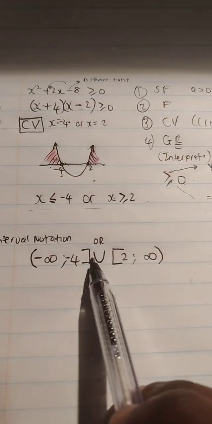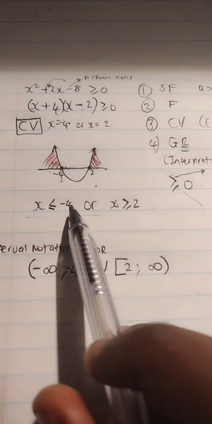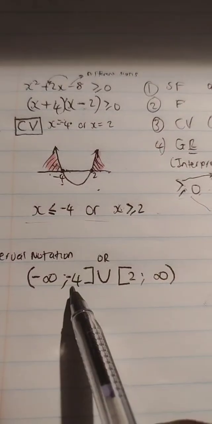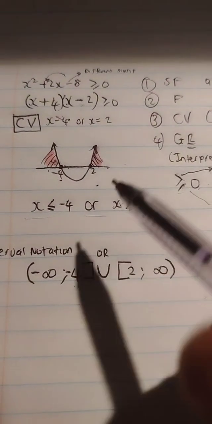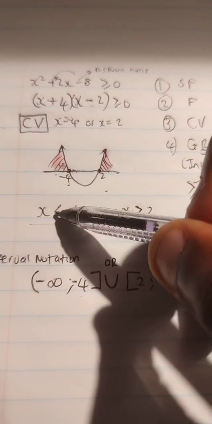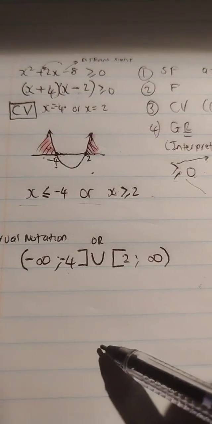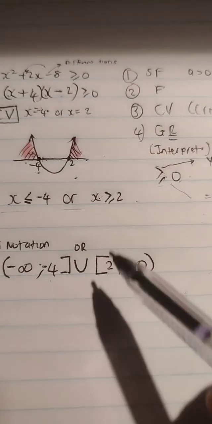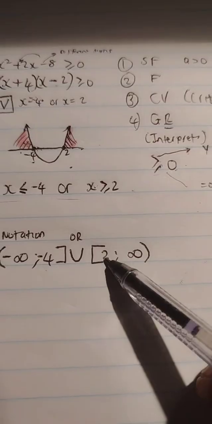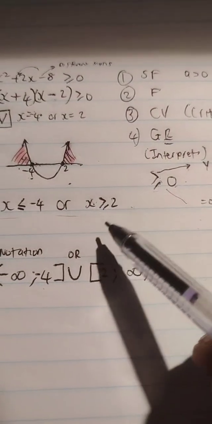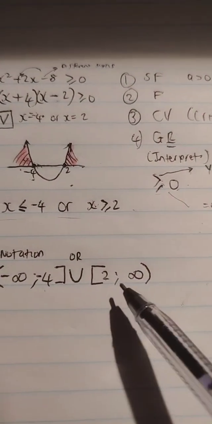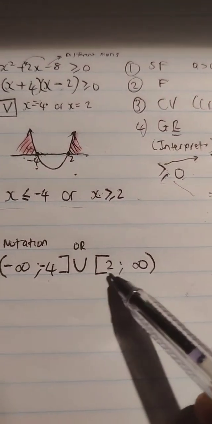It's because -4 is included. It is part of the answer. Equal sign means square bracket. Why did we use a square bracket for 2? Because 2 is included. Equal sign means square bracket.